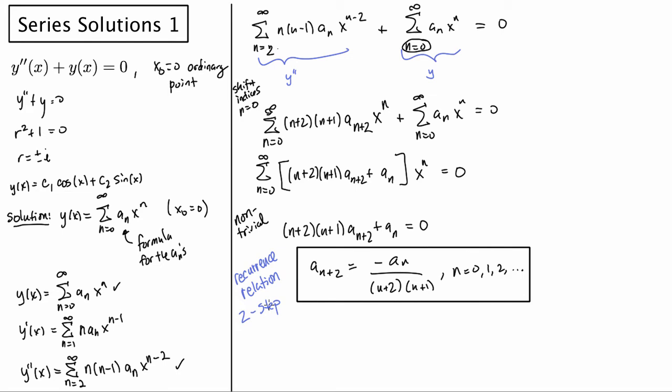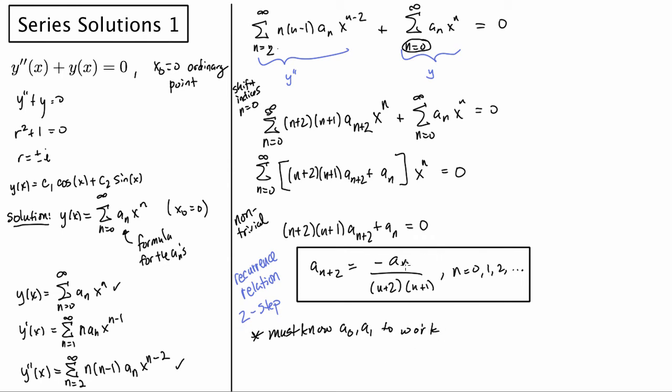Now, because of that, in order for this to work, notice that I'm going to have to know the values. So we must know the values of a0 and a1. And the reason is because it's jumping by 2.